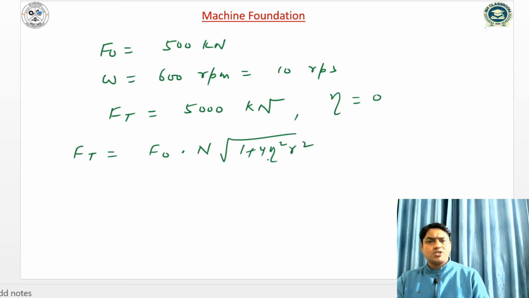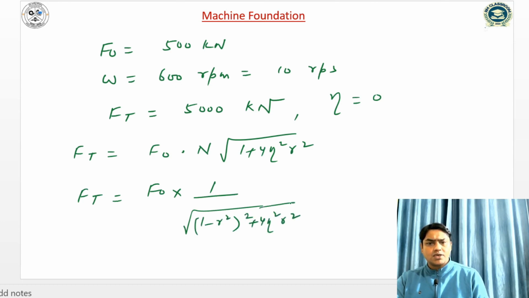So damping ratio is 0 means this term is 0. Sorry, unity. So Ft is equal to F naught. If I put the value of the magnification factor, it will be 1 minus R square whole square plus 4 eta square R square into unity, because this value is also 0.